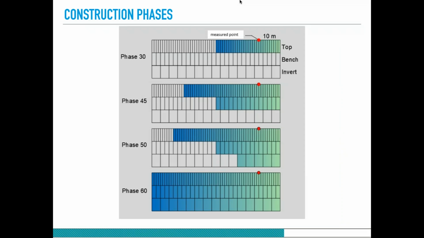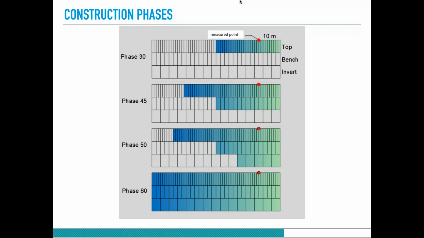The construction and the excavation of the tunnel is a phase construction. So in this model, I have defined 60 phases, and we start the top with a rate of 1 meter.